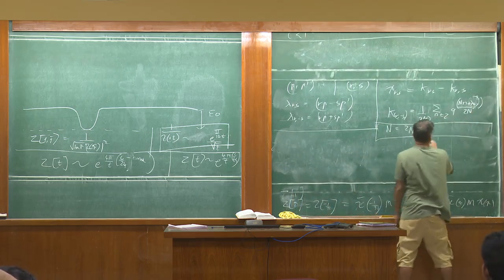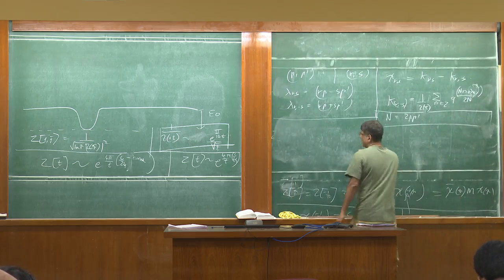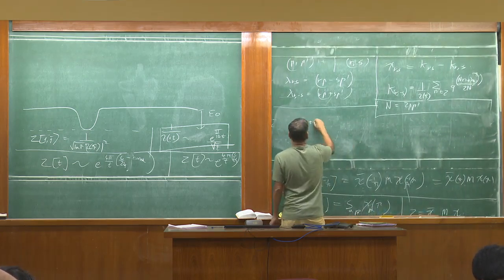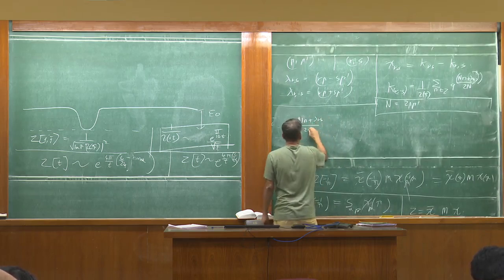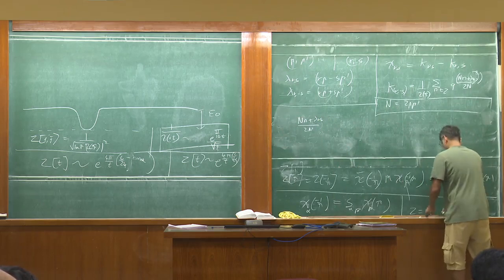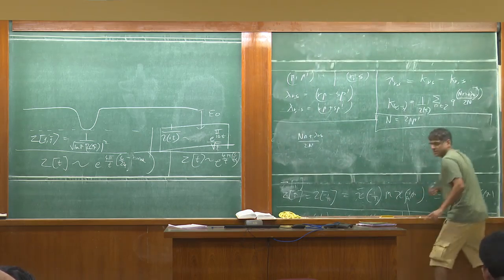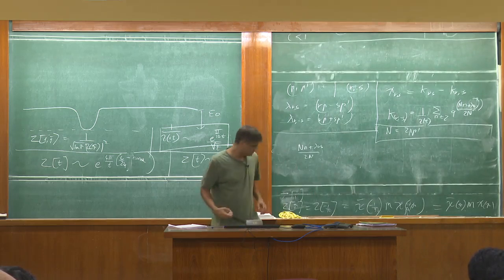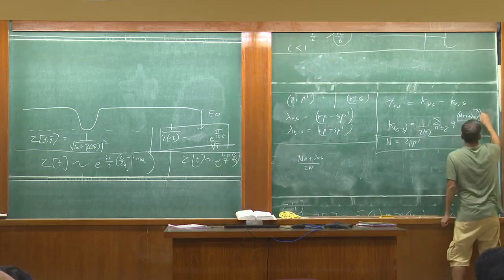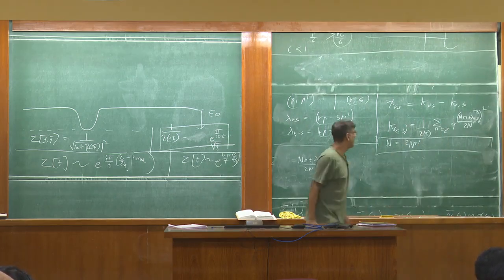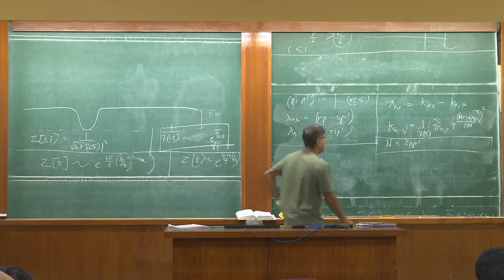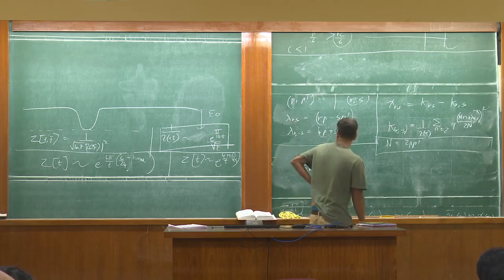Let's look at this object: n N plus lambda_RS divided by 2N, squared.